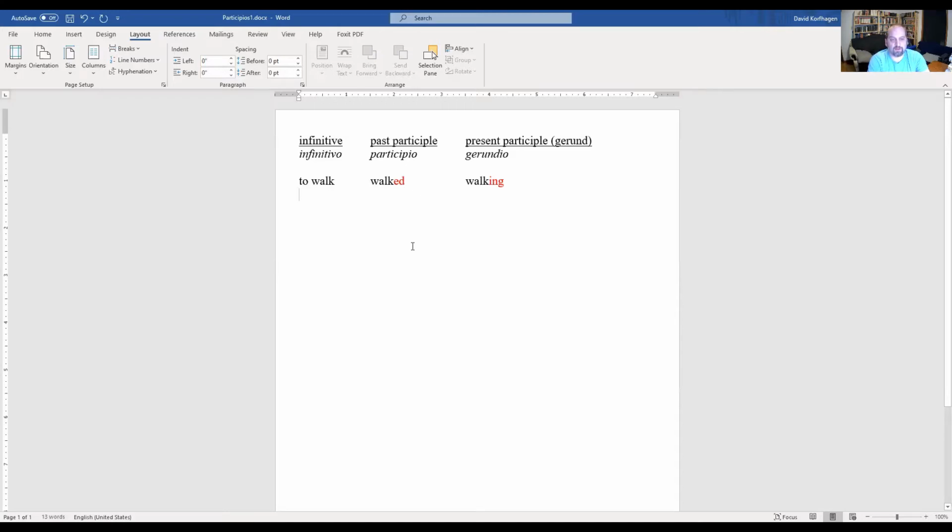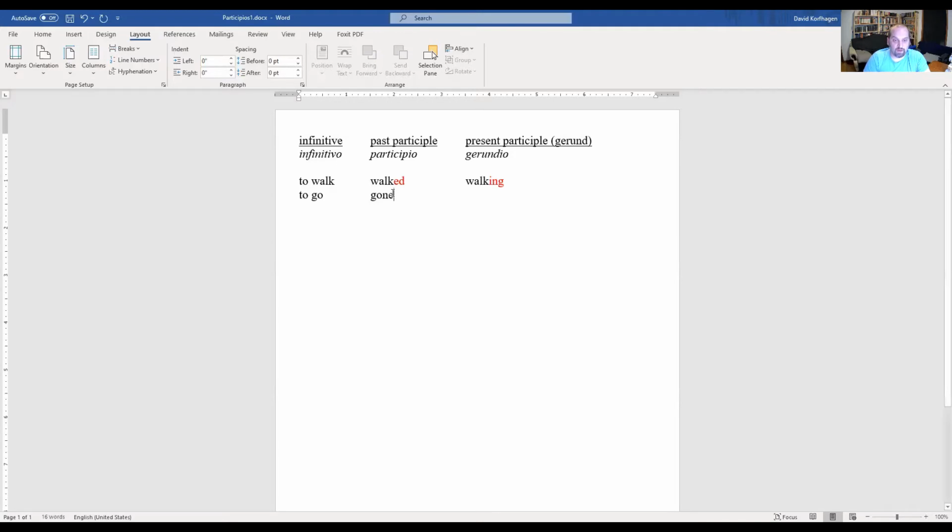So if we look at a highly irregular verb, like to go, for example, we can see here the past tense would be went, but the past participle is going to be gone. So I went somewhere yesterday, but I have gone somewhere. So as you can see, one of the ways you can tell in English is put the word have in front of it, right? So I have gone, I have walked, etc.